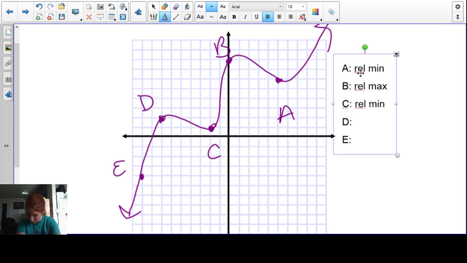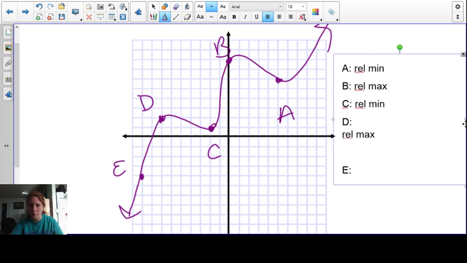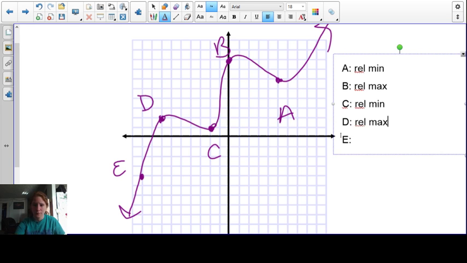D would be, in that case, another relative maximum. I don't know why this isn't letting me type here. And then E, again, this would be nothing, none, whatever, because it's not, again, a hill or a valley. There's nothing going on there.